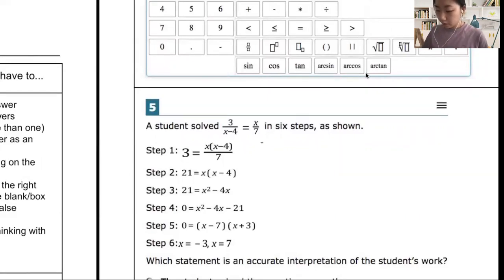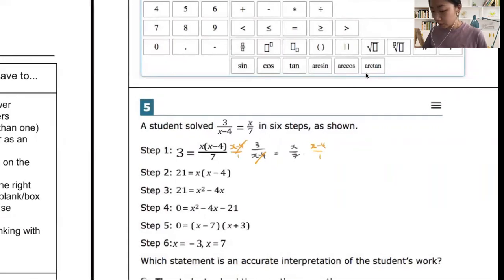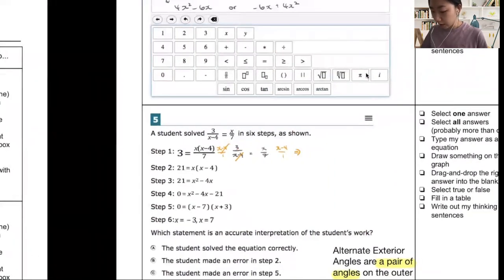We have 3 over x minus 4 equals x over 7. You want to multiply x minus 4 on both ends to cancel out, so the 3 is completely on its own. So here we arrive at the same step, which is 3 equals x times x minus 4 over 7, right? So first step, so far, so good.